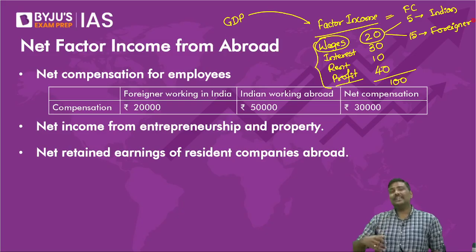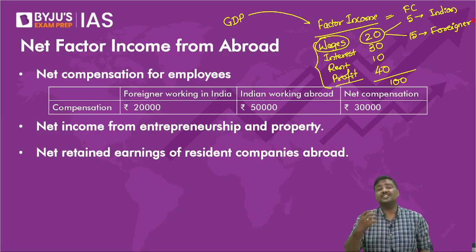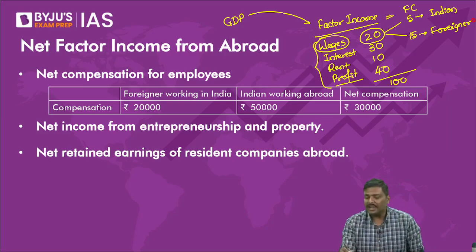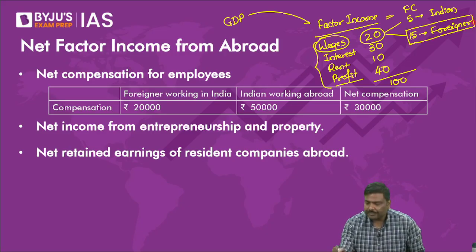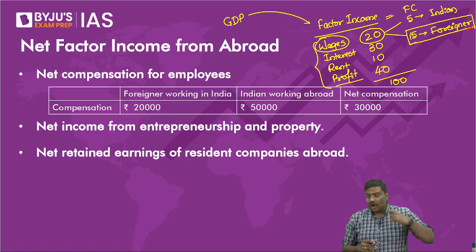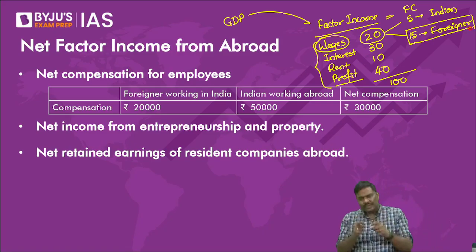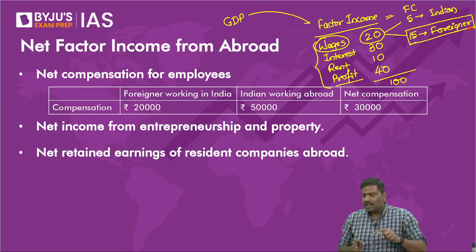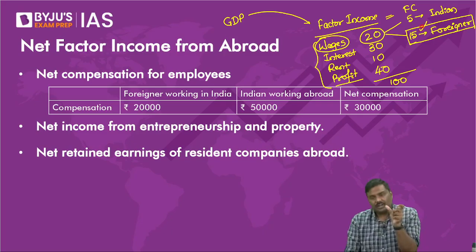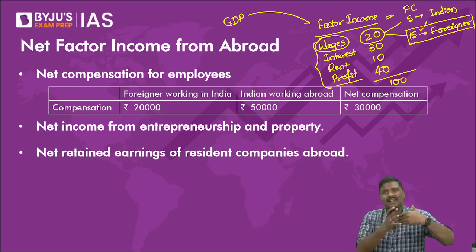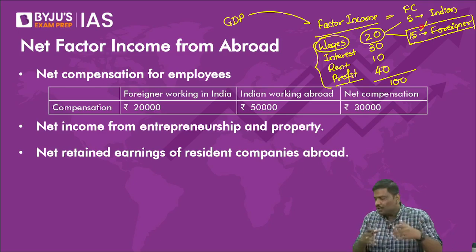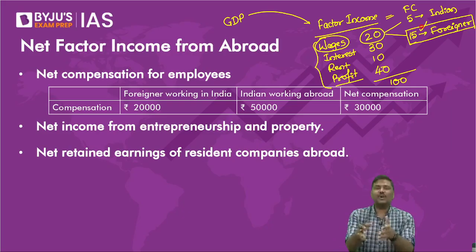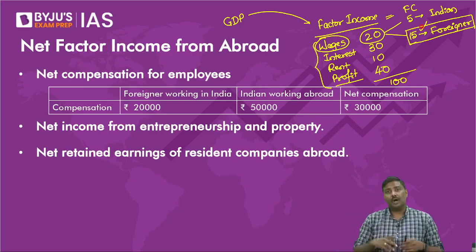When I calculate GNP, gross national product, should I be counting wages earned by the foreigner? Should I be counting the factor income earned by the foreigner? Answer is no, you should not be counting it. But it is already there as a part of GDP. How do I adjust it?